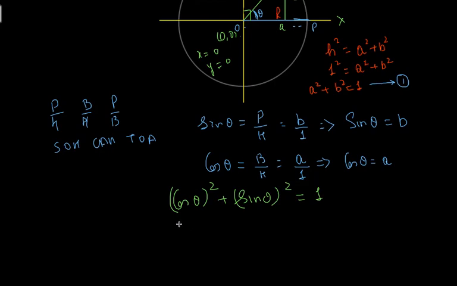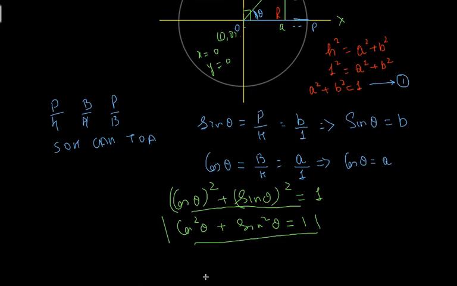We can also write this as cos square theta plus sine square theta is equal to 1. This is the equation which we have derived, which is one of the very important equations which we are going to use quite often in trigonometry further. And I guess this is one of the first equations which we have to learn.